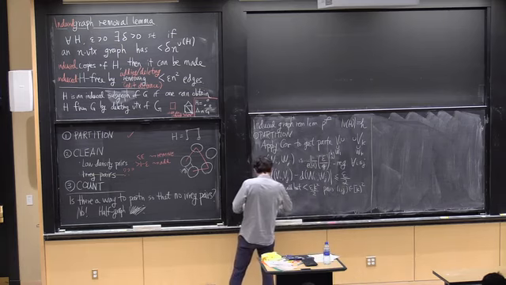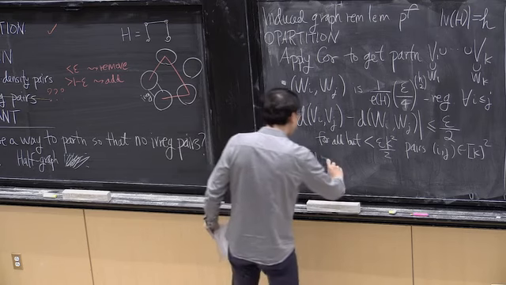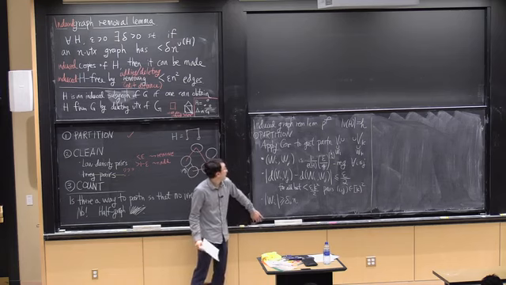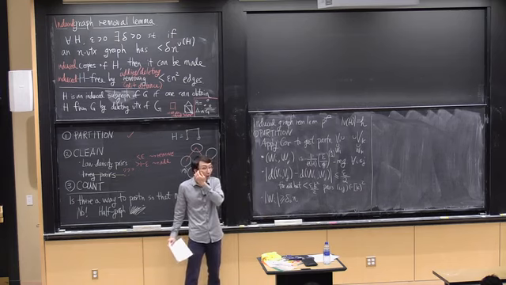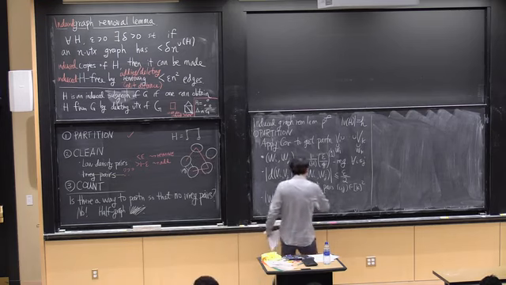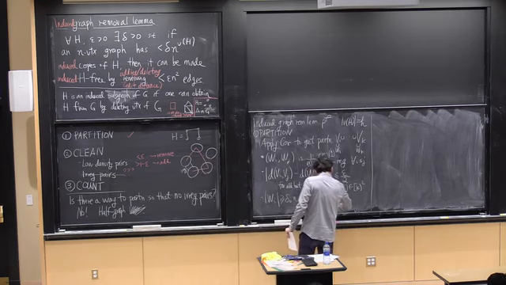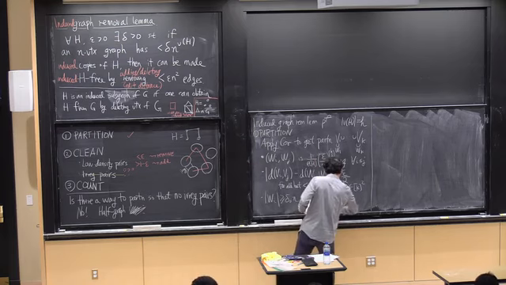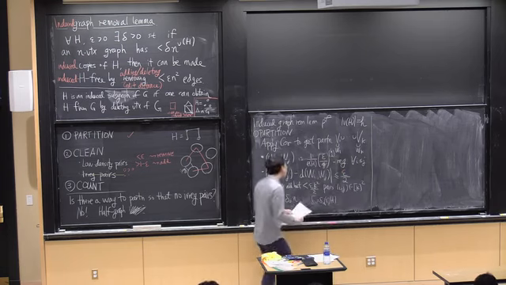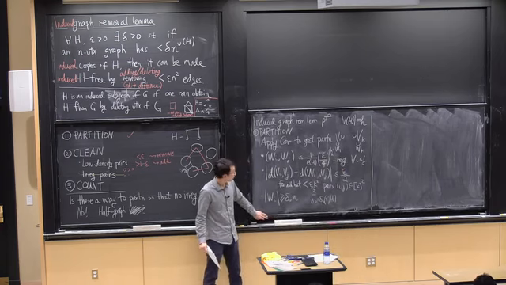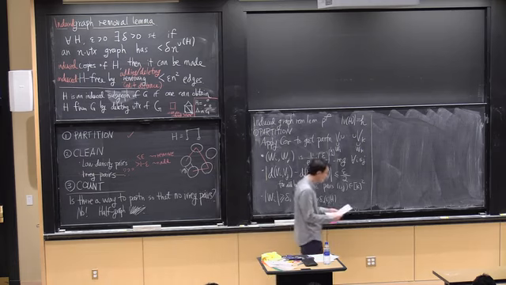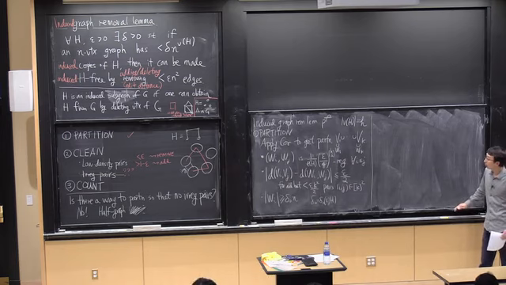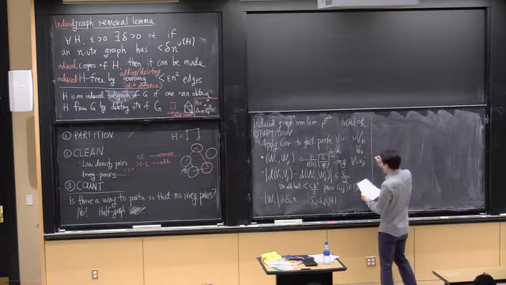And finally, the sizes of the Wi's are at least delta naught times n, where delta naught depends only on epsilon and h. Great. This is the partition step.